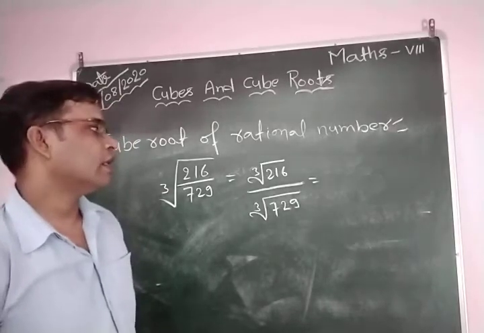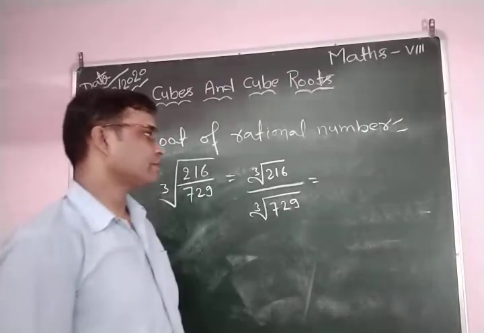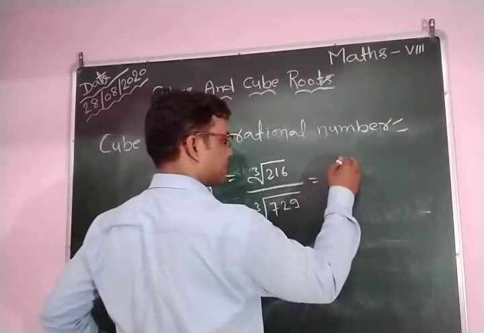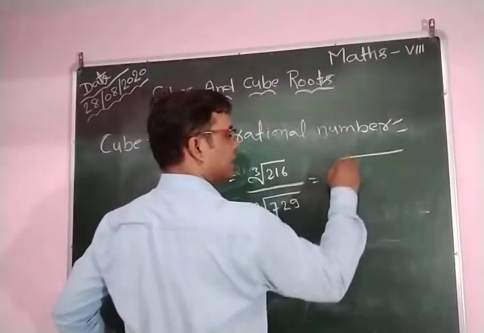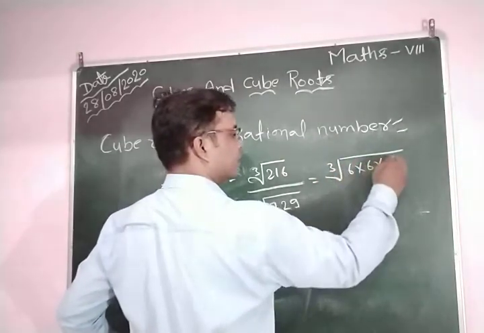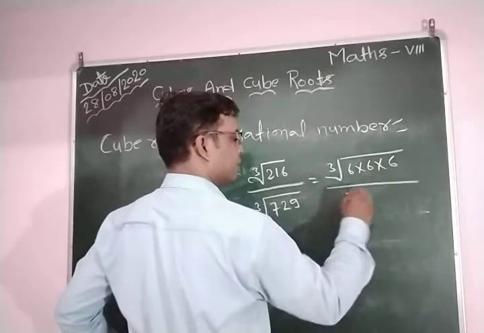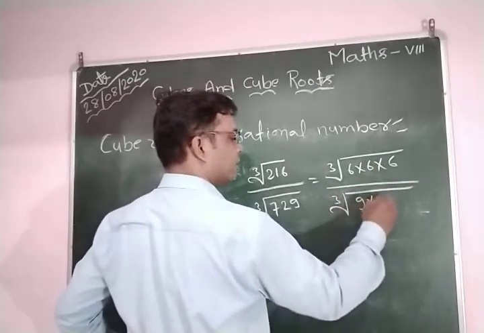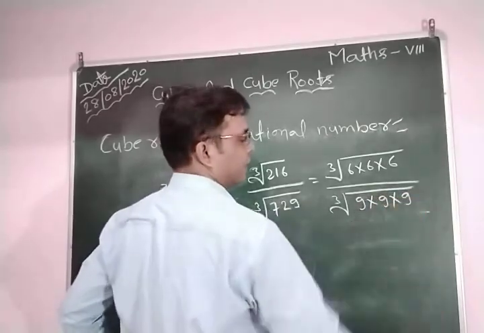Clear? So this is equal to the cube root of 6 into 6 into 6, and this is equal to the cube root of 9 into 9 into 9.